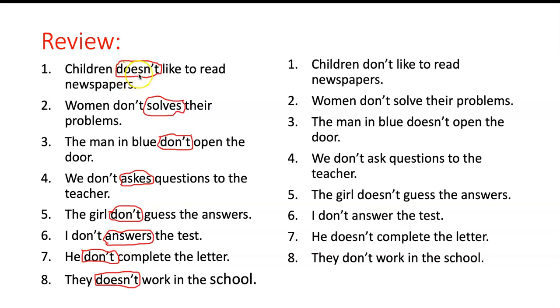The auxiliary does is only for he, she, it. So the correct way is children don't like to read newspapers. Number 2, women don't solve. The problem is here. You don't need letter S here. First, primero, because it's women, porque es plural. En plural, you don't have to add letter S.